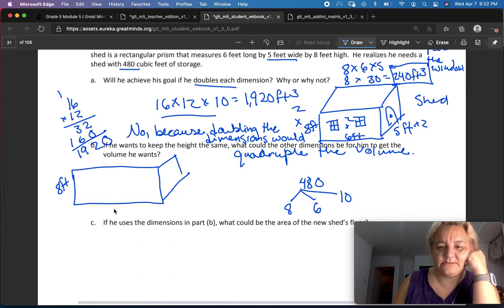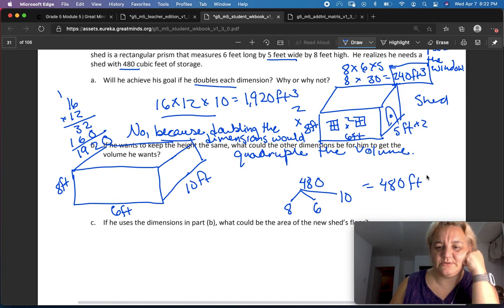So let's do 6 feet here, and then we could double just one wall. If we just double this one wall to 10, now it looks like we would have it. So 8 times 6 times 10 equals 480 feet cubed.